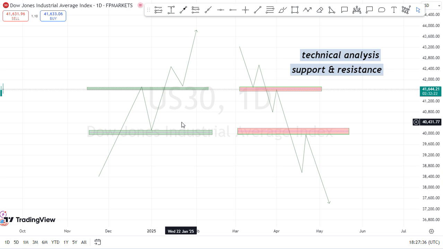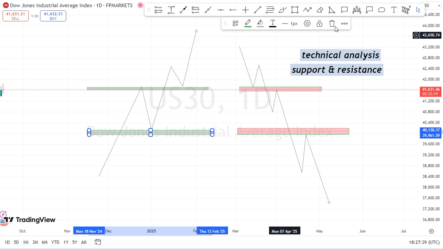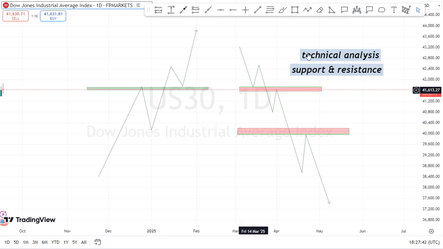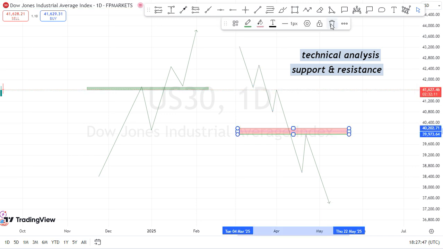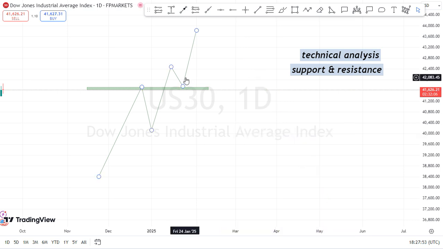Okay, now I want us to move on to the market structure itself. How does the market move exactly? I want us to understand how the market moves from one area to the other.